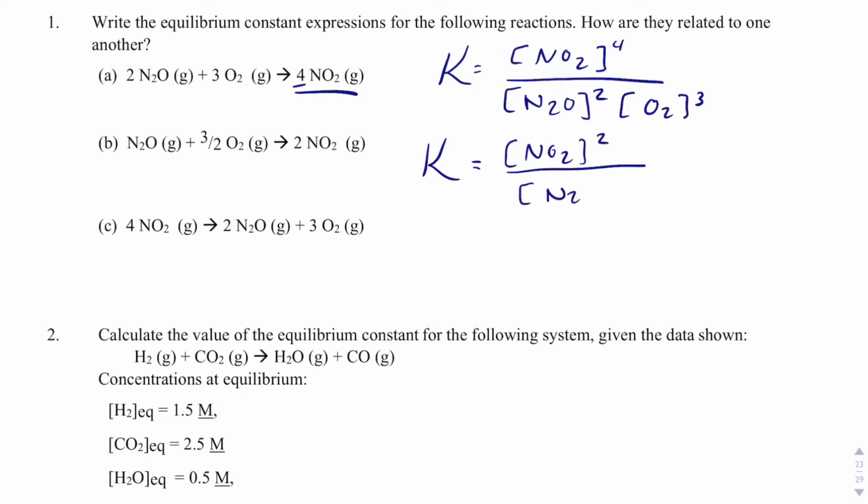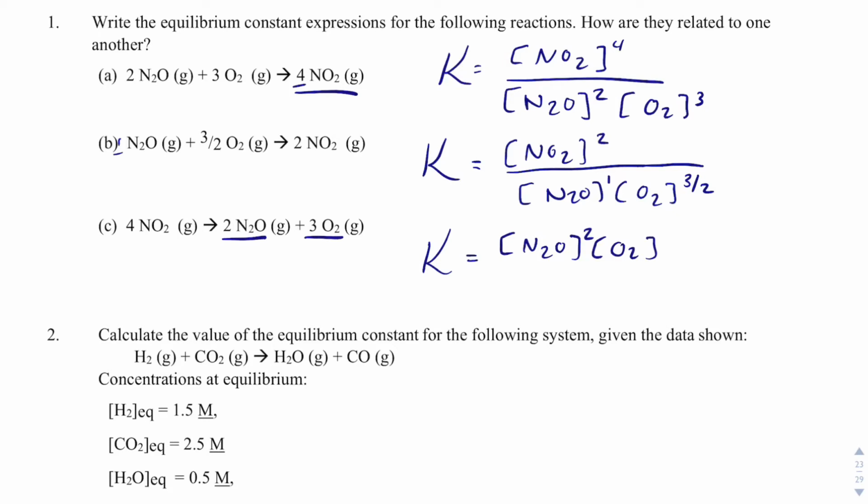We have N2O, which has a coefficient of 1, so you can write the 1 or you don't have to. And then oxygen is kind of strange here. It has a coefficient of 3/2, so it goes to the power of 3/2. And then in C, we have N2O now on my product side to the second power, O2 to the third power, and then NO2 to the fourth power.